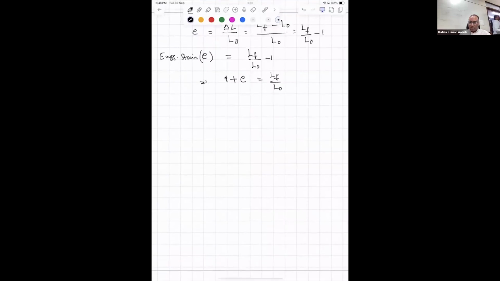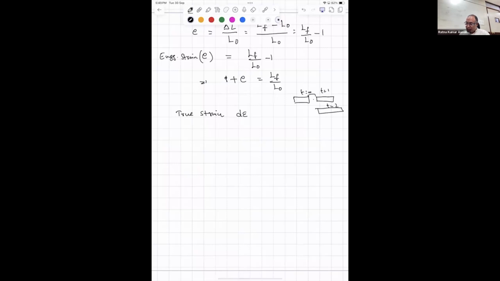Now, the true strain, that is d epsilon. That means if you take a bar and you are straining it, at time t equal to 0 it is this, t equal to 1 it is this, t equal to 2 it will become like this, right?